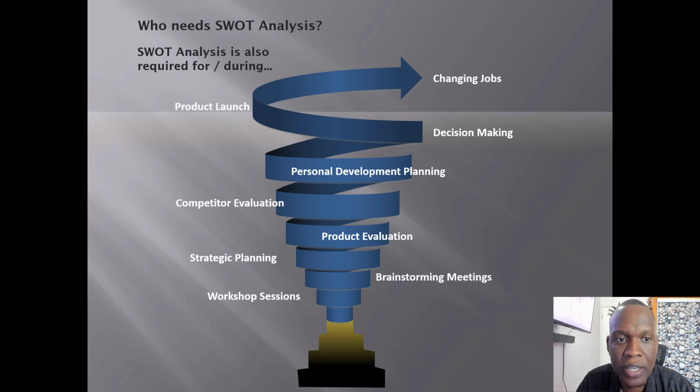So all of these things, do you see how much of a Swiss Army knife this SWOT analysis can be in business, in personal life, in various aspects of business? Launch a product, decision making in the business, product evaluation, etc., etc., planning, brainstorming. So you can see how important and crucial a tool the SWOT analysis is.